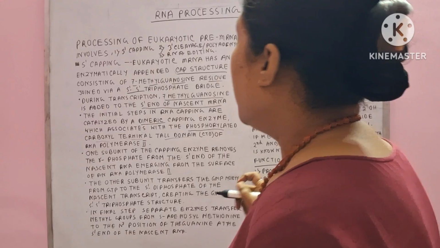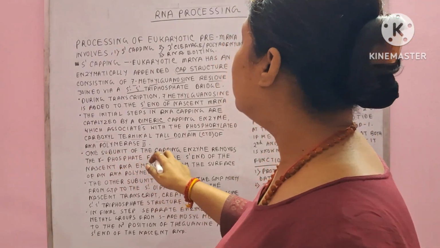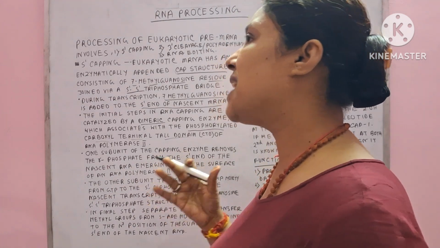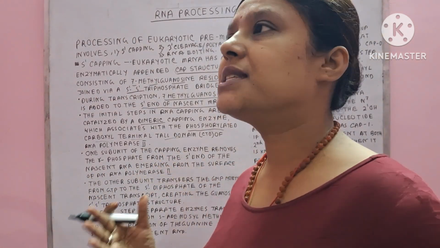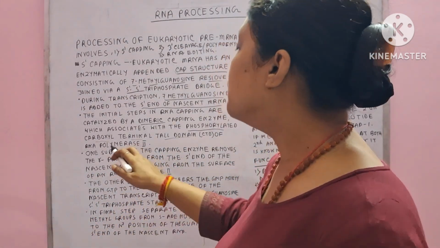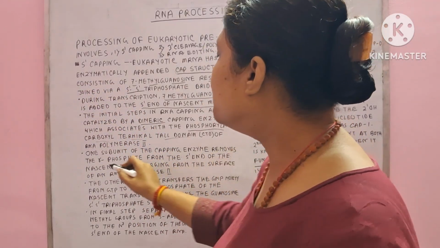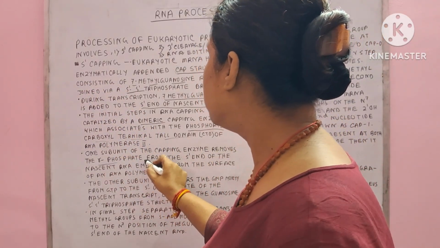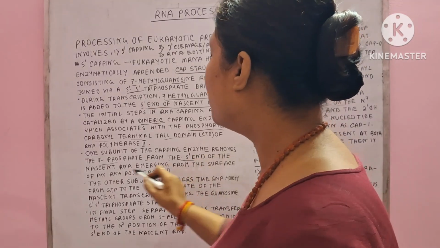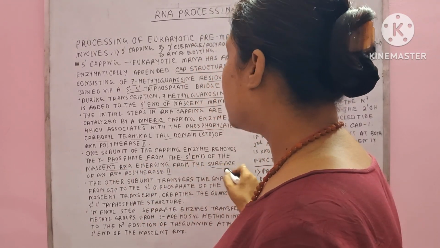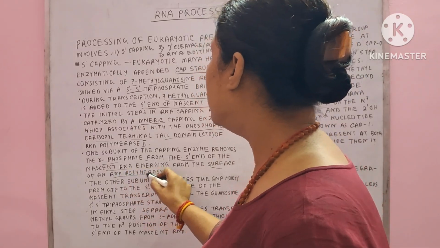Okay, and one subunit of the capping enzyme, the enzyme has different subunits, and one subunit among them removes the gamma phosphate from the 5' end of the nascent RNA emerging from the surface of RNA polymerase II.